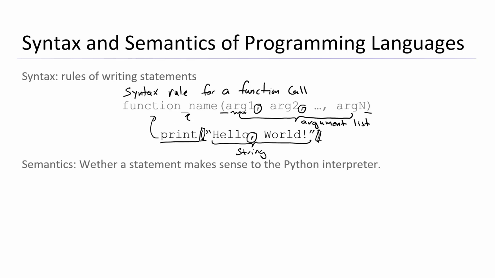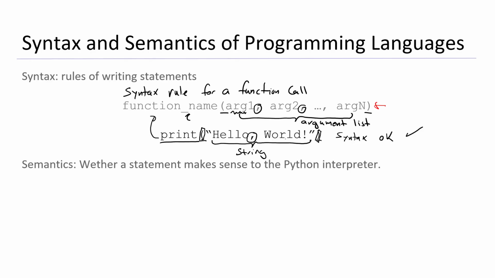You have the function name, you have the open and closing parentheses, and you have a single argument in this case. So the syntax of this statement is okay. So this is considered to be a syntactically and also semantically valid statement.